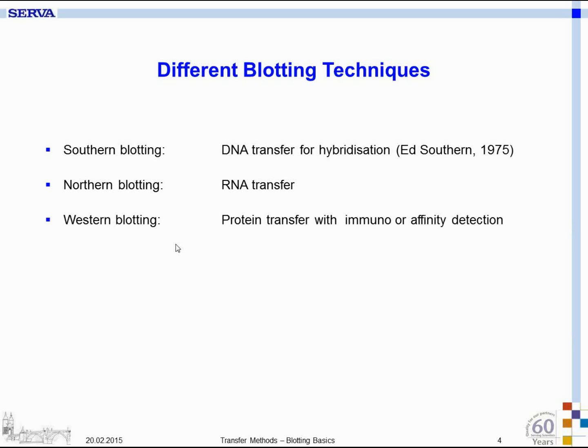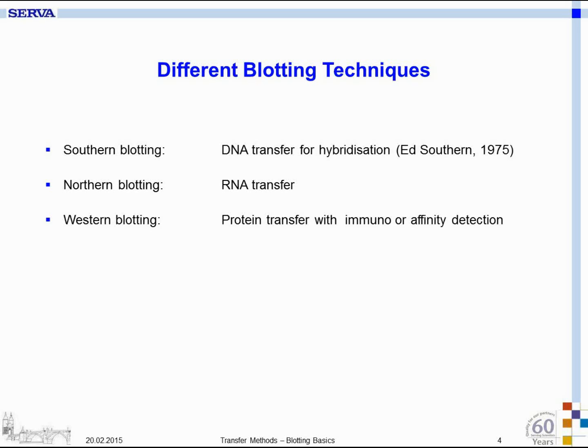Again, 2 years later, in 1979, was Mr. Towbin and his group. They introduced the protein transfer with immuno or with affinity detection. For glycoproteins, you can, for instance, perform affinity detection with lectins, and they called it the Western blotting technique. I've never heard about an Eastern blotting technique.